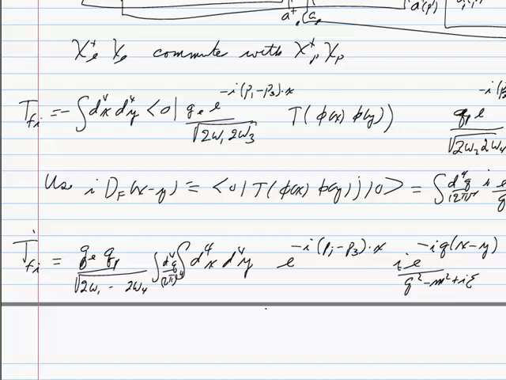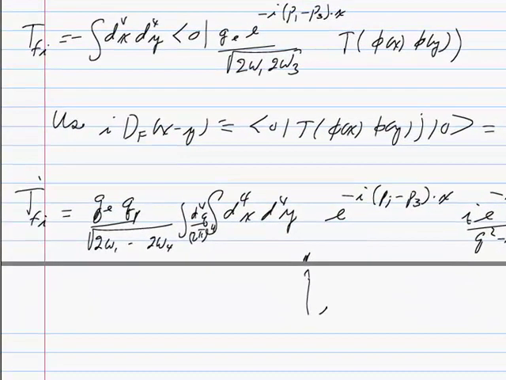Okay. Well, the x integration gives me a 2 pi to the fourth delta 4 of, well, it's p1 minus p3 plus q, right?